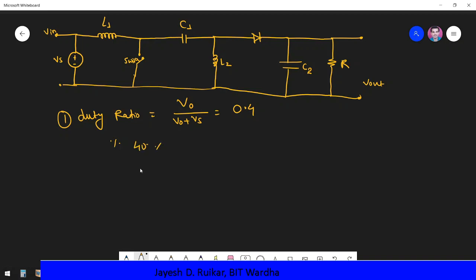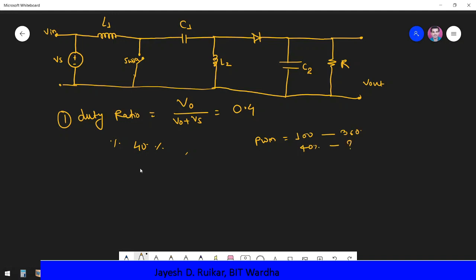This 40% we actually need for PWM, when we use the switch over here. For the PWM pulse we'll have to make a calculation. You know that for 100% we have 360 degrees, and then for 40% how much?